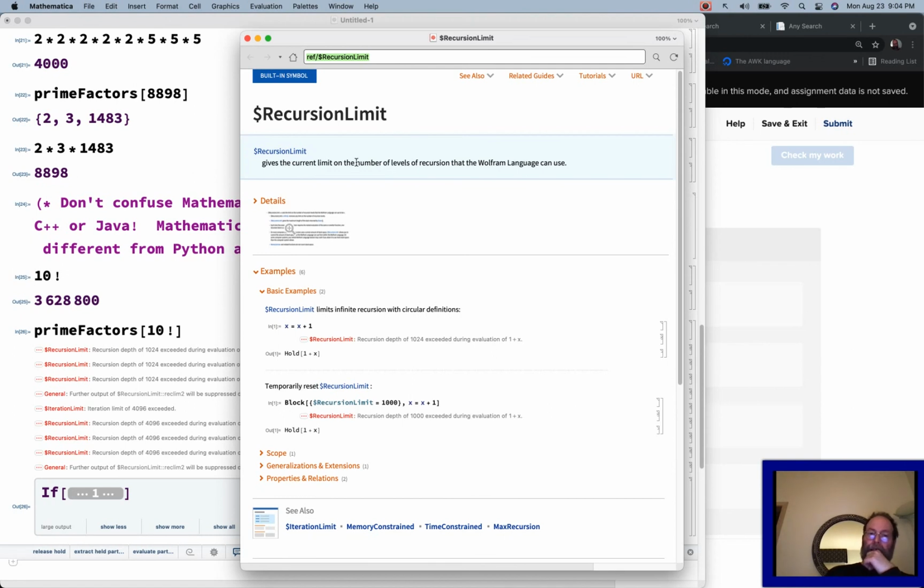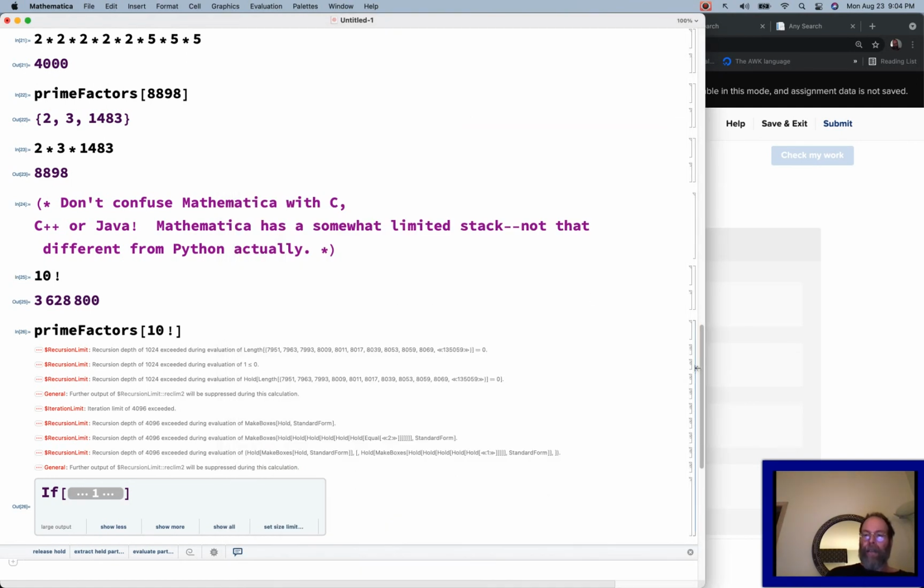Even if I increase the recursion limit and iteration limits, and you can in Mathematica, there's still going to be a problem. You're still not going to have enough memory to factor an integer like this. C could do it, C++ could do it, Java could do it, but Mathematica is a little weaker than C, C++, and Java. All right, so we have to be kind of clever about it.